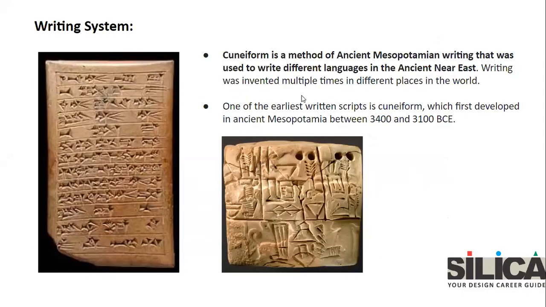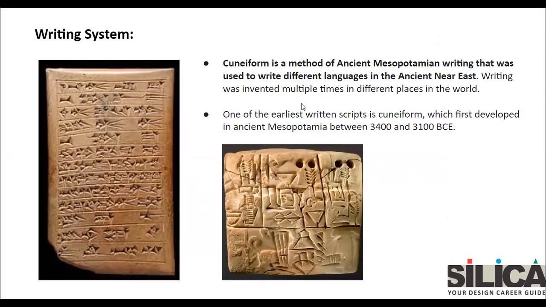Now the writing system of Mesopotamian civilization. Cuneiform is a method of ancient Mesopotamian writing that was used to write different languages in the ancient Near East. Writing was invented multiple times in different places in the world.